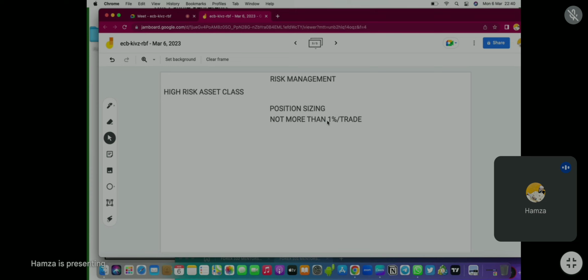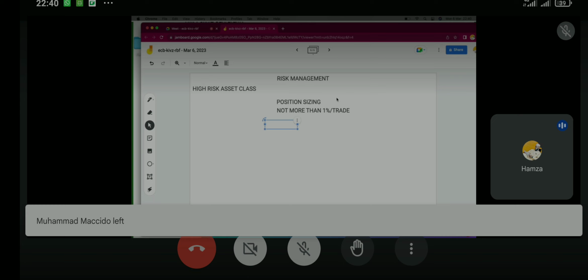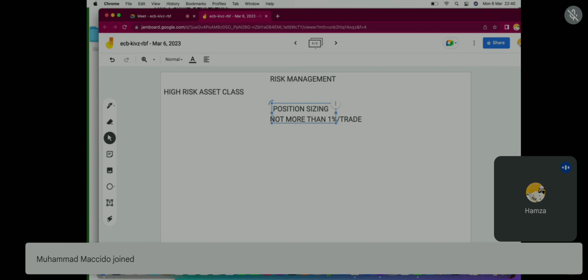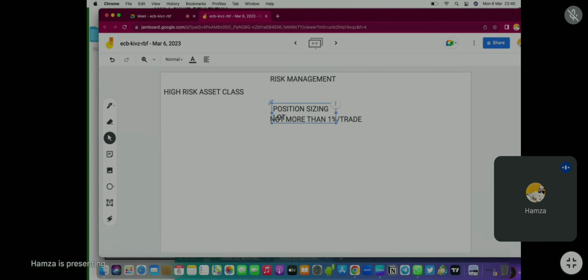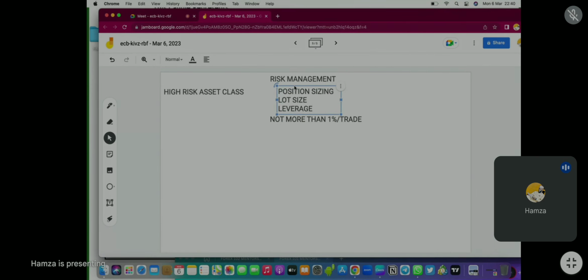So risk management, common terminologies associated to risk management are, well, I mentioned position sizing. You position size using the concept of lot size, leverage, equity.